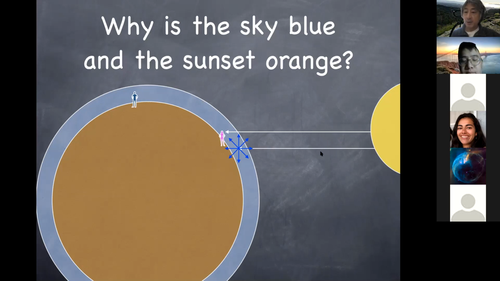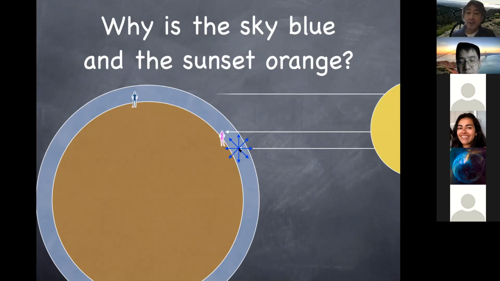The sunlight contains the entire spectrum from red to blue, and the red portion doesn't get scattered very much. The blue portion gets scattered about 10 times more, as we computed on the previous slide. So the scattered light from the atmosphere is preferentially blue instead of red, and that's why you see the sky being blue.